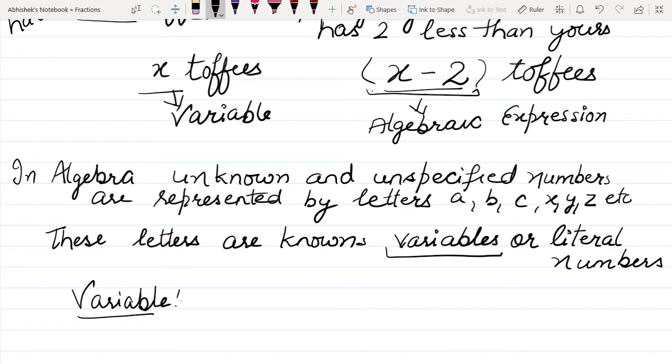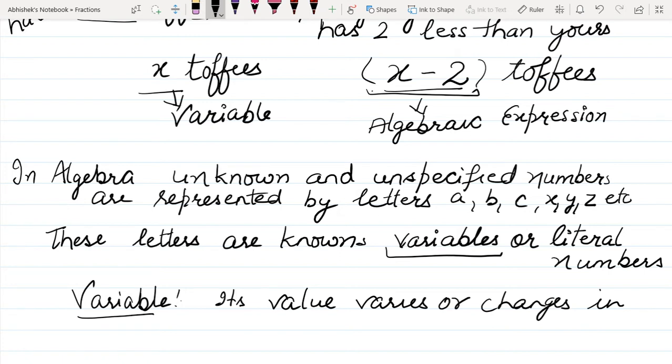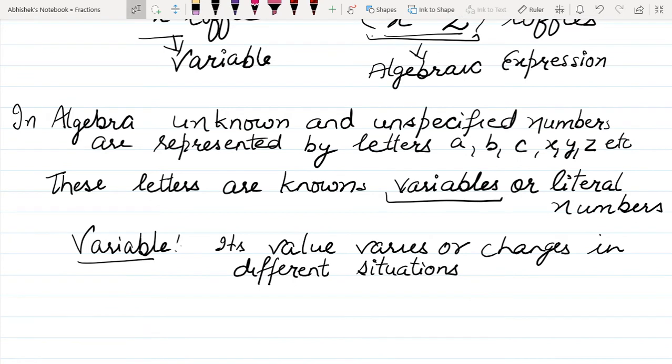Its value varies or changes in different situations. That is known as a variable.